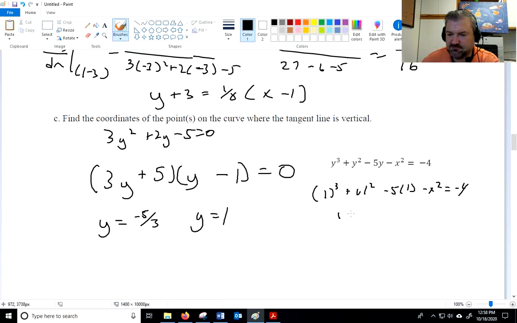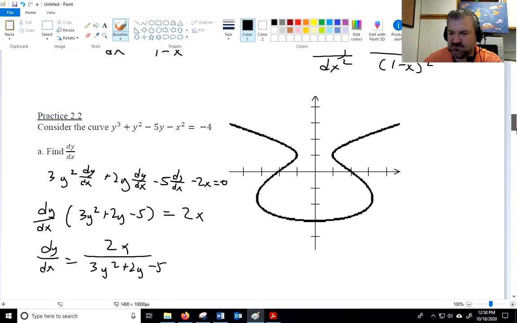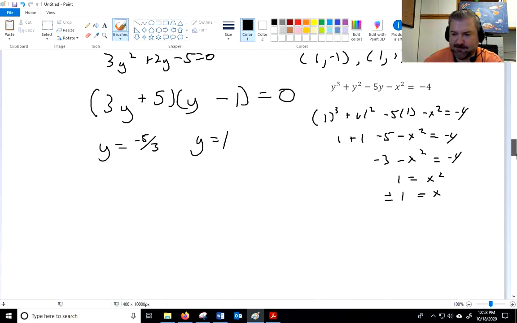So that is 1 plus 1 minus 5 minus x squared equals negative 4. So that's negative 3 minus x squared equals negative 4. So is that 1 equals x squared? So x is equal to plus or minus 1. So it looks like (1, negative 1) and (1, positive 1). And I think we can see that there are vertical tangent lines there.